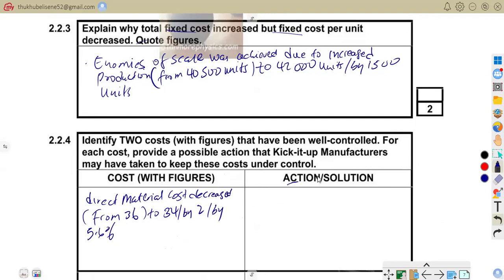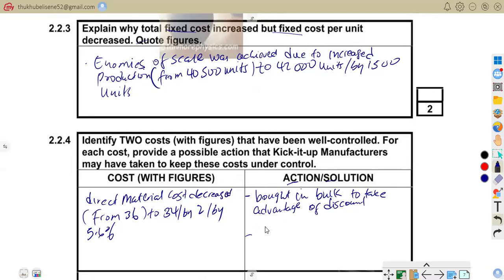So we are asked to give what action or solution. That is to say, buy in bulk to take advantage of discount. So direct material cost, as you can see, has decreased. If you buy in bulk, you get the discount.